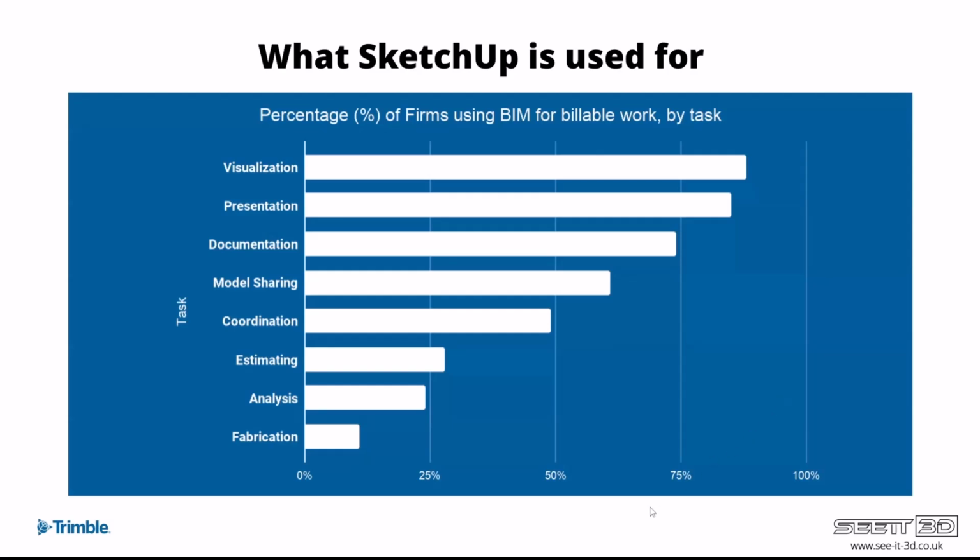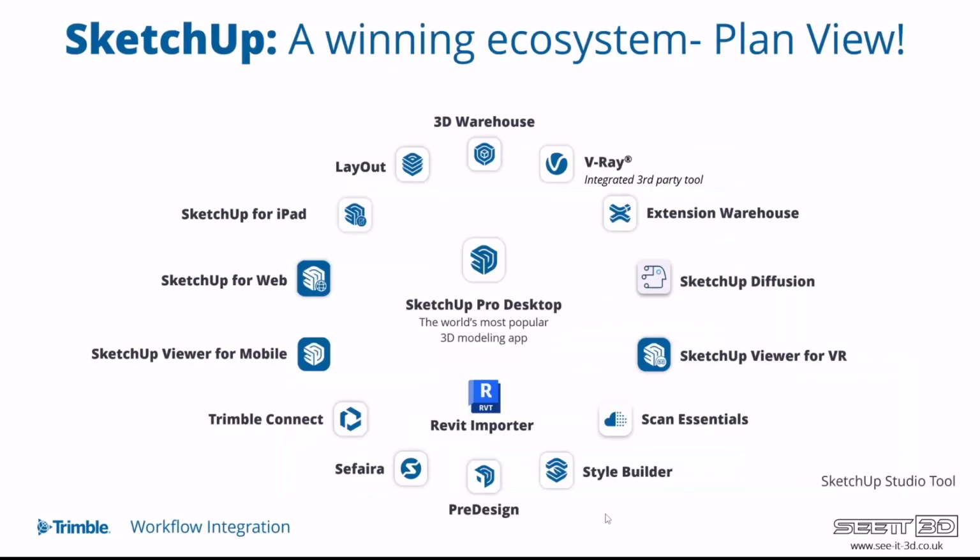So Trimble knows exactly where SketchUp has been used from data over the last 20 years, from visualization, presentation, documentation, and model sharing, and SketchUp is excelling in these workflows. So let's have a look at SketchUp's integrated winning ecosystem in a 2D plan view.